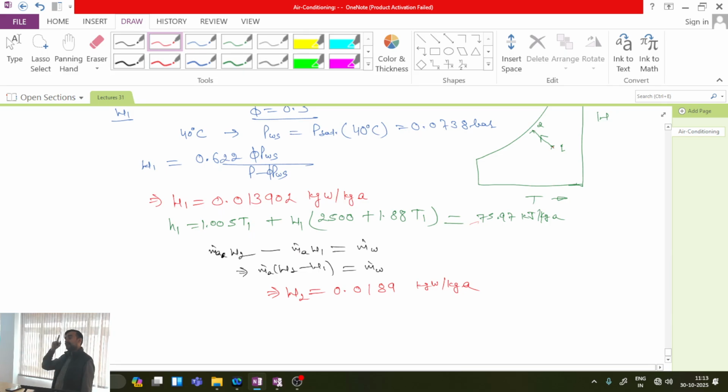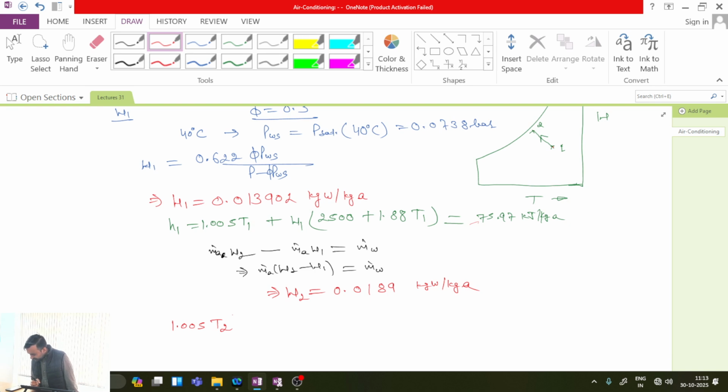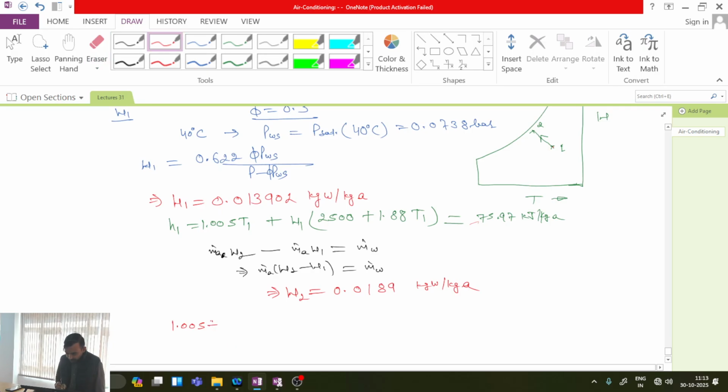Now, if you see this process from 1 to 2, for this type of process from energy analysis we have already derived one equation for the humidification process. If we add the water, what was the equation? Can you tell me? 1.005 into T2, sorry, not T2. The final equation was (1.005 plus W2 minus W1), correct?